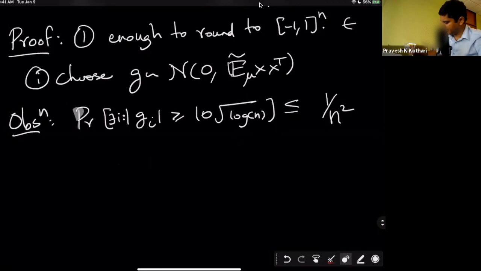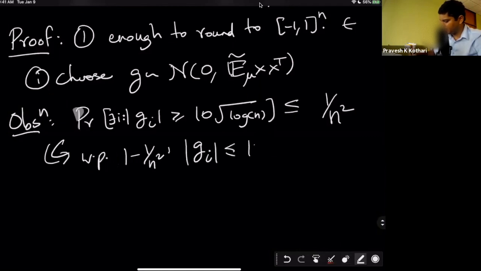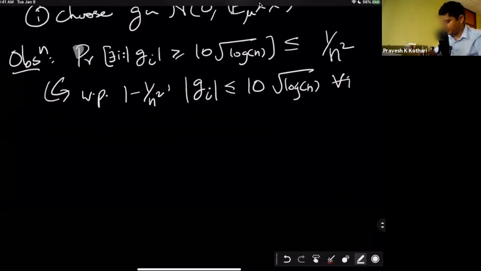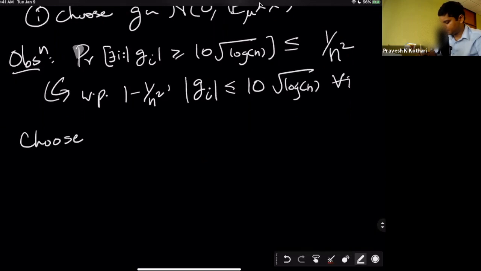So this is not so hard. This implies that with probability at least 1 minus 1 over n squared, we can assume that all the G_i are small. And so now I can take the following vectors. Choose v_i equals G_i over 10 root log n.